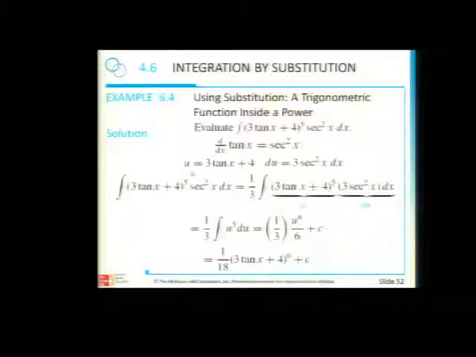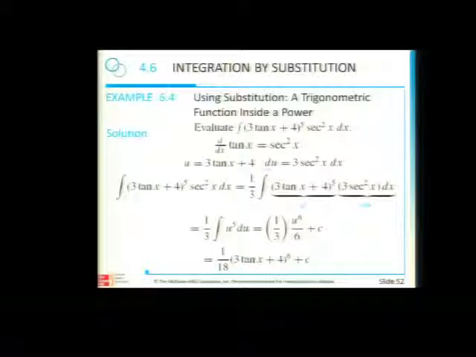So this tells you we've got to let u be 3 tangent x plus 4, because when you differentiate this, you get 3 secant square x dx. The constant 3 doesn't really matter. What matters is you get secant square x, which is the other function appearing in the integrand, telling you that this substitution should be okay, right? In fact, it is okay.